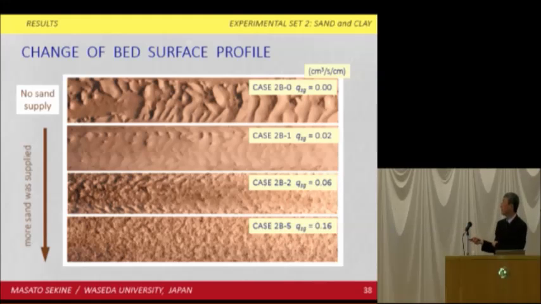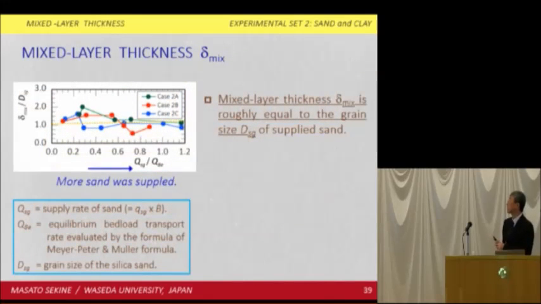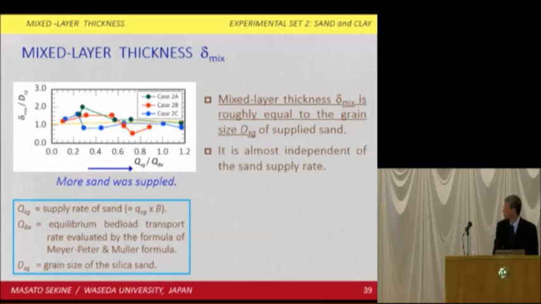As is seen, in this case, the bed surface is covered with sand and the magnitude of the undulations becomes smaller. Mixed layer thickness, delta mix, is roughly equal to the grain size DSG. DSG is the sand diameter of supplied sand. It is almost independent of the sand supply rate.